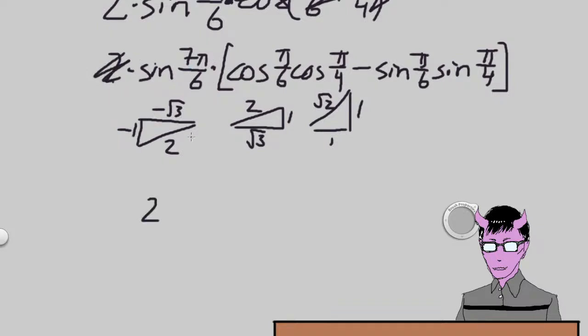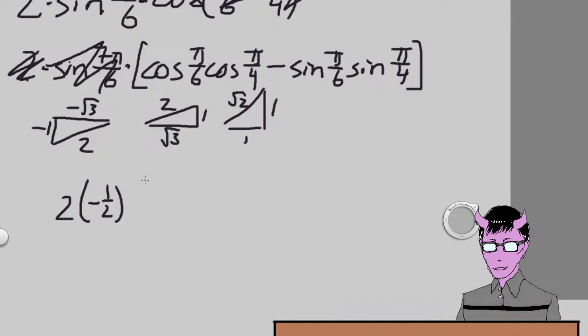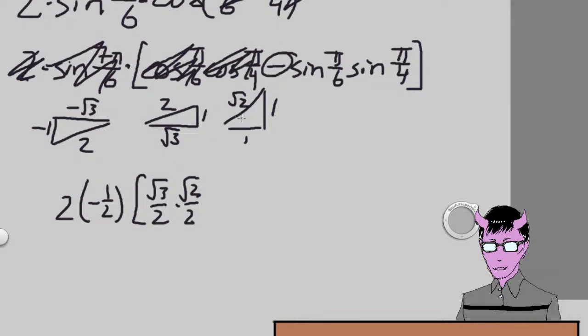Evaluate this one. That's going to be negative 1/2. And then we have the brackets. Cosine of this one, root 3 over 2. Cosine of that one, root 2 over 2. Minus sine of that, 1/2.